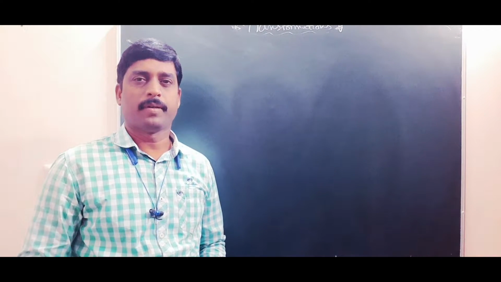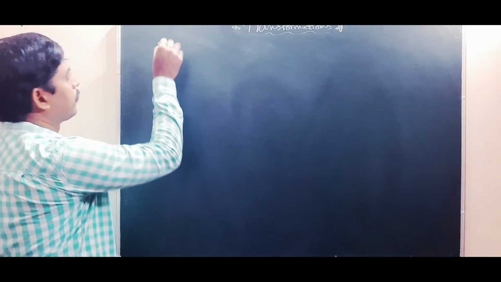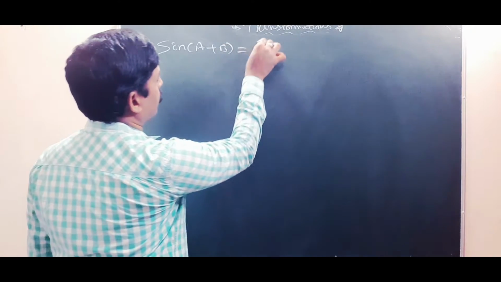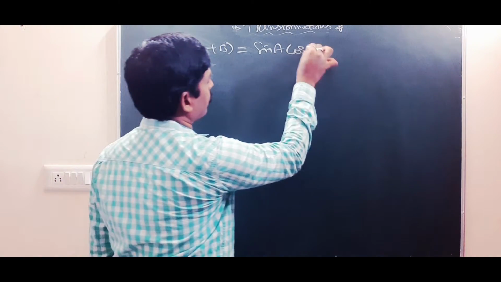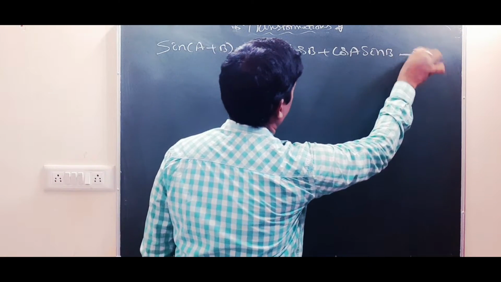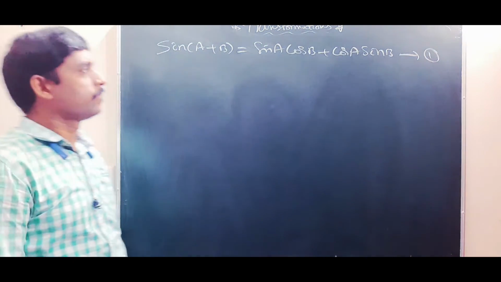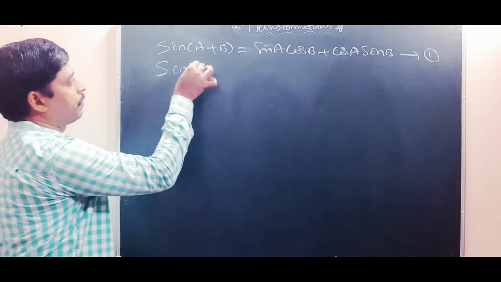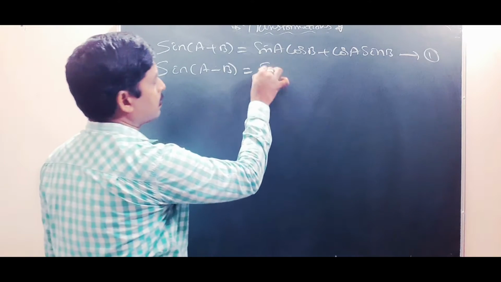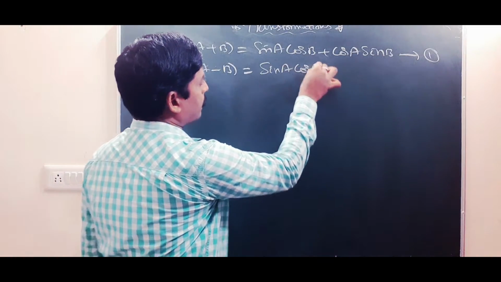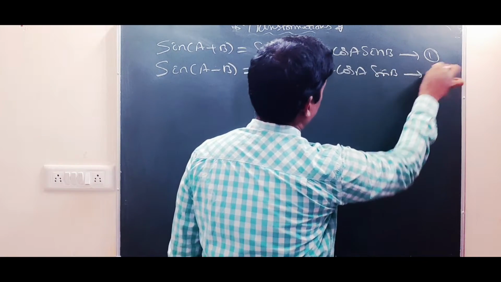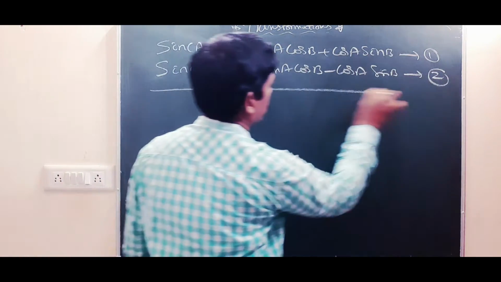Okay, now I explain the important formula. Sin(A+B) = sin A cos B + cos A sin B. Let us take it as equation 1. Sin(A-B) formula: we have sin A cos B - cos A sin B. Let us take it as the second equation.